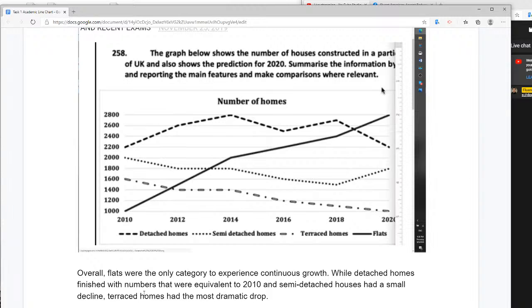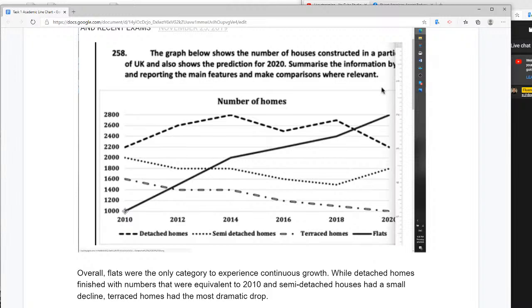So for instance, detached homes were an anomaly when compared to the other categories. No other group ended with higher numbers than where it started. Okay, so again, no other groups finished with higher numbers.